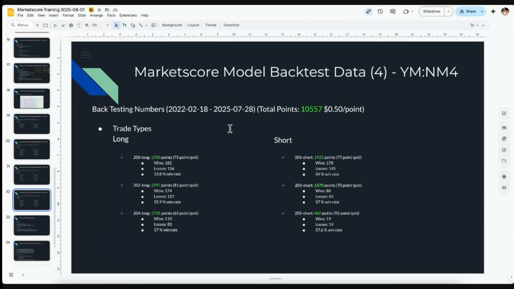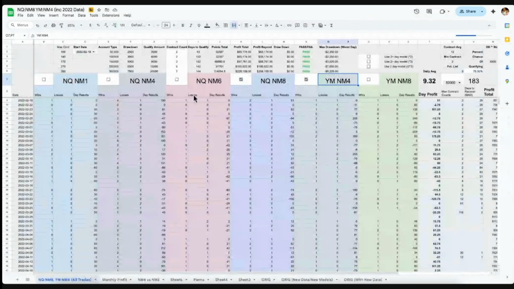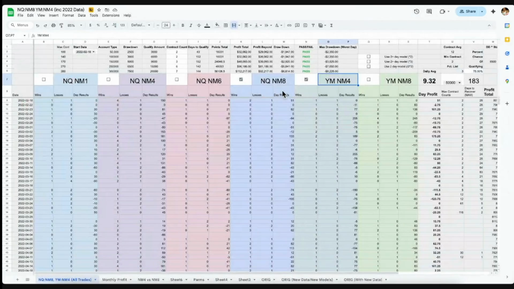Mind you, these are the micro. The YM is 50 cents a point, so it is not quite as lucrative as the other one. It would be great if it was, but unfortunately it isn't. But again, it works in concert. If you go through and turn on each one of these, they're all worse than these two together, which is the reason why I have those two together.